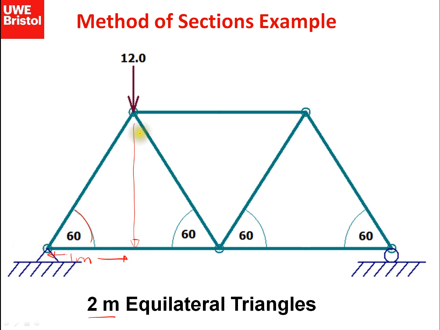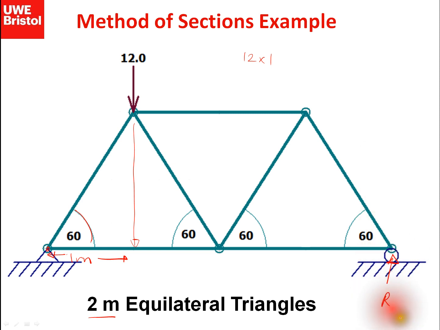This is quite straightforward, I think, to work out. So you can have 12 newtons times by 1. You could work out the reaction if you took a pivot here. So you've got 12 times by 1, and I don't know what this is in terms of its labeling.